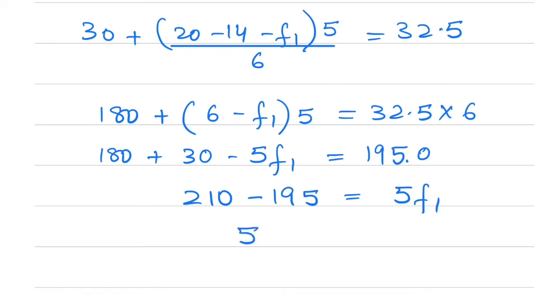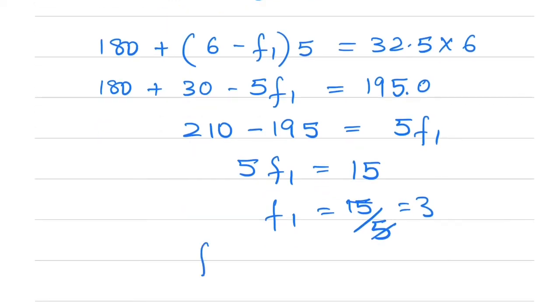So now 5 f1 is equal to 15. f1 is equal to 15 by 5, so we get 3. So f1 is equal to 3.